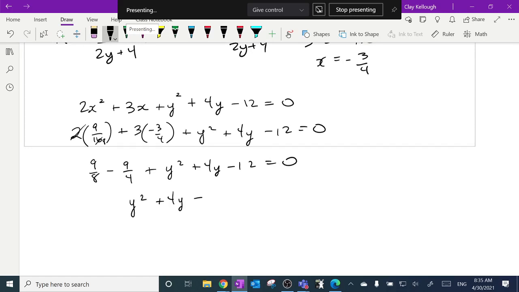What is 8 times 12? 96? Somebody double check my mental math, but I think it's 96. So 96/8 plus 9/8 minus 18/8. And of course, we already know we're in decimals, so I'm going to cheat and use a calculator here. 96 with a negative on it, plus 9, minus 18, 105/8.